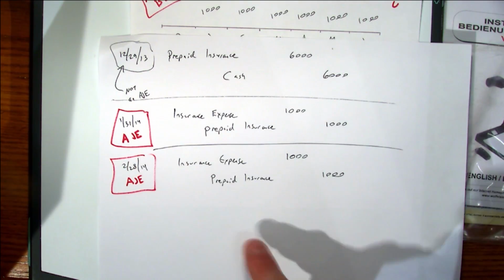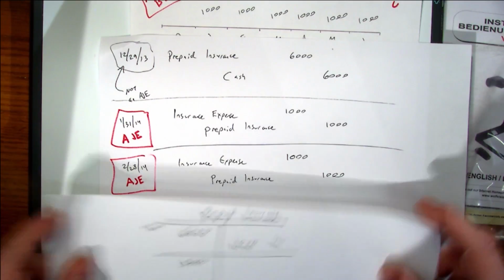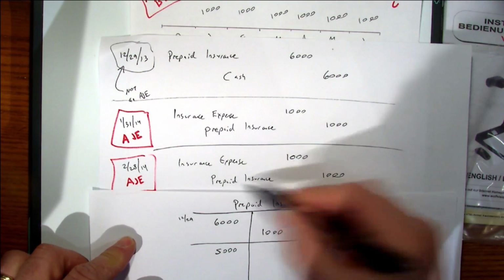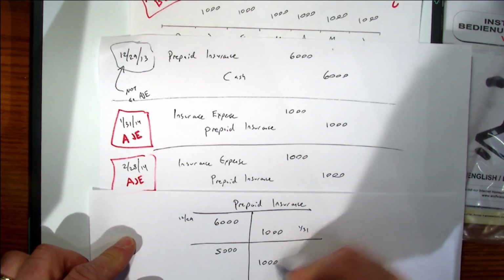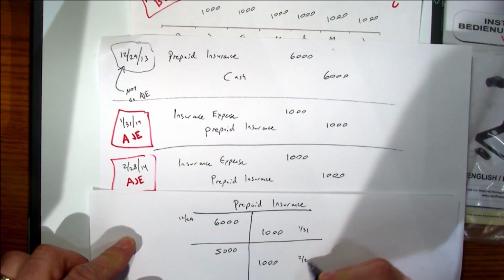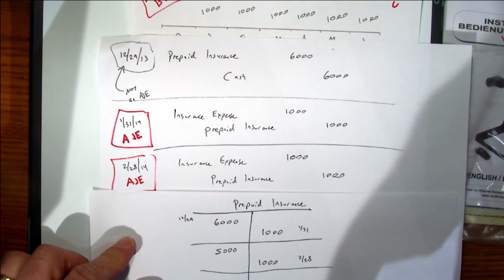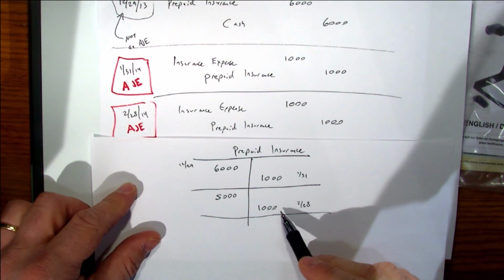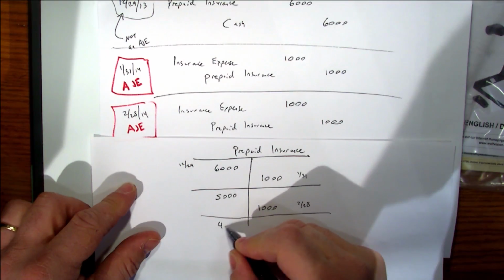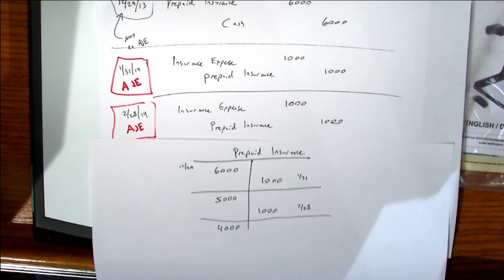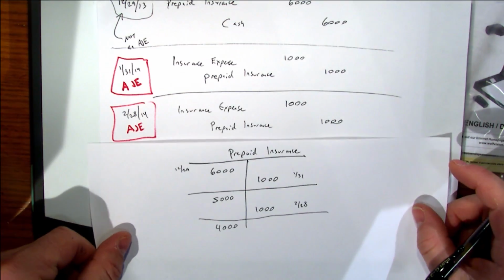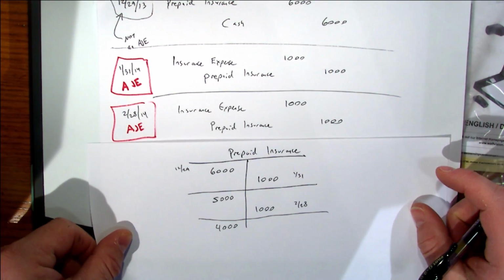So, once we make that AJE, we need to post it, right? So we credit prepaid insurance on 2/28. What is our balance of prepaid insurance after we make this posting? $4,000. And by golly, by gum, isn't that what your asset is worth?